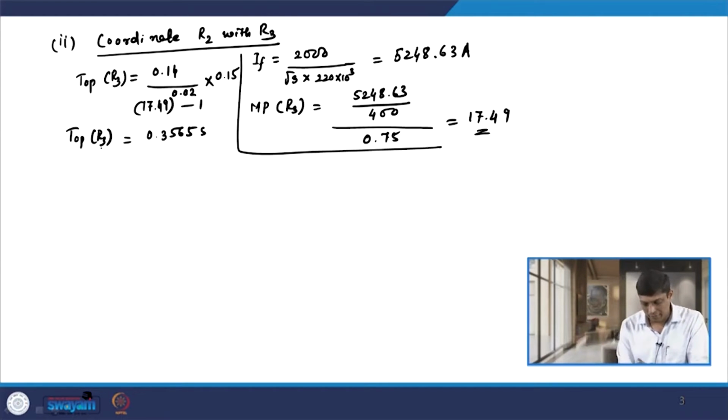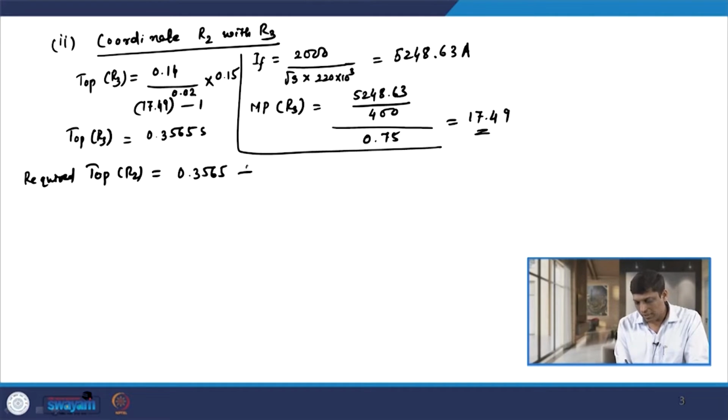So, this is the time of operation of relay R3 for the fault level given at bus B, that is 2000 MVA. The required time of operation of relay R2 is given by 0.3565 plus some minimum coordination time interval between two successive relays, that is 0.25. If I add this, we have the value 0.6065 second.